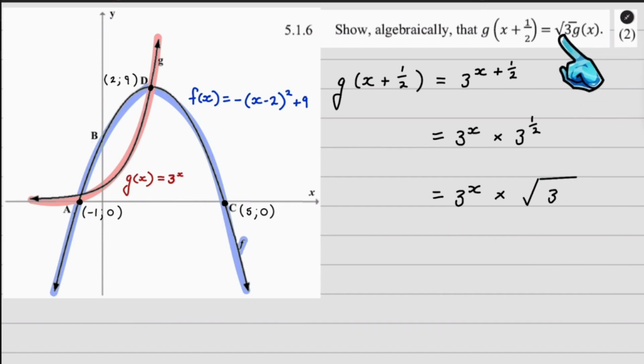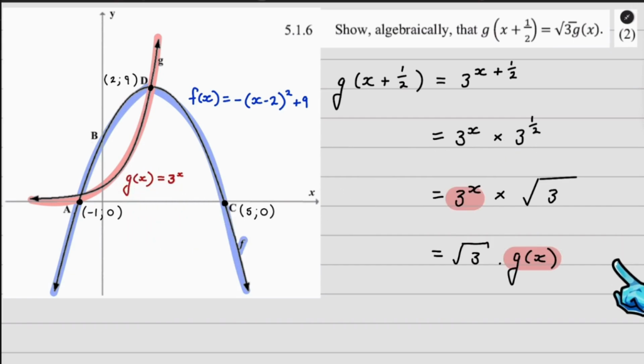I've got the root 3 over there. And then this is g of x. So I can just change this to g of x. And then my job is done. So let's have a look where the marks are coming from. The 2 marks come from the correct substitution as well as the correct use of exponent laws.